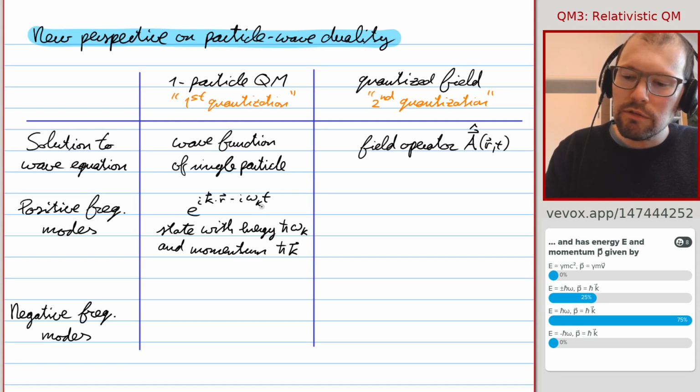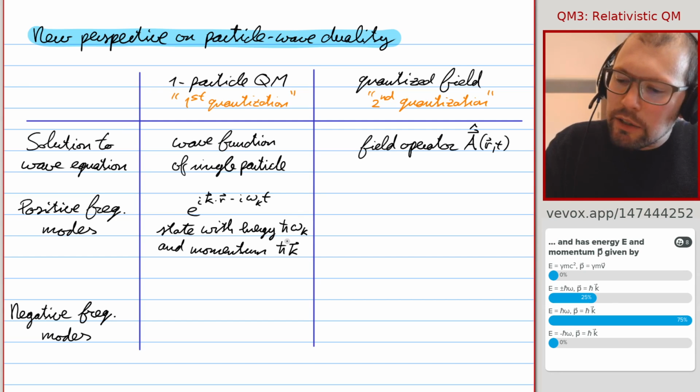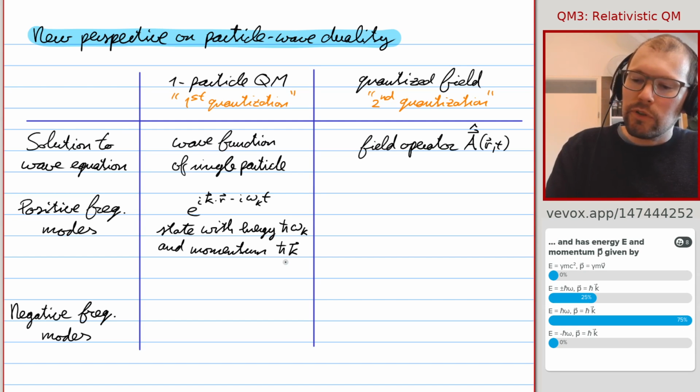So these are the positive frequency modes. Then acting with the one particle Hamiltonian on this gives you an energy h bar omega k, which is positive, and acting with your momentum operator on it gives you h bar k. So that is fine.